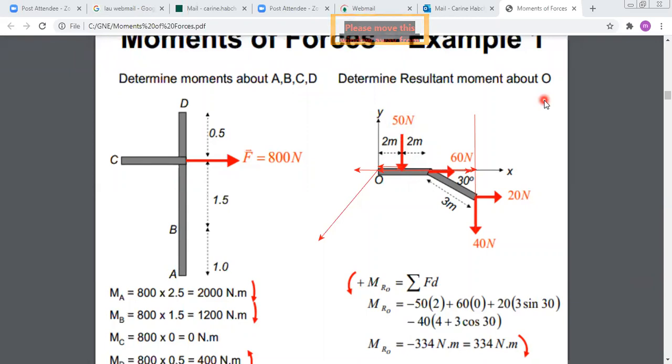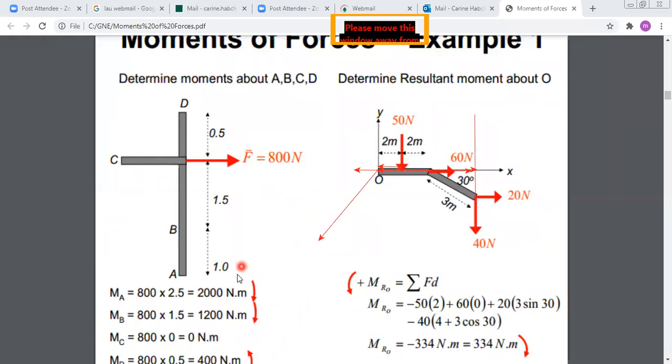In the first example, how did we get the direction of F? The direction of the moment, you mean? Yes. It's the same procedure. About A and B, your force F is tending to rotate the structure in which direction? Like this.